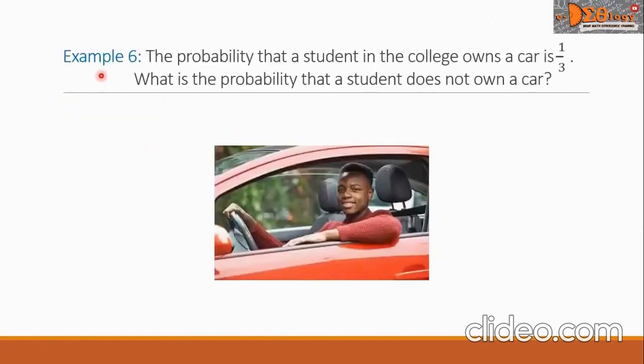Let's have example 6. The probability that a student in the college owns a car is 1/3. What is the probability that a student does not own a car?